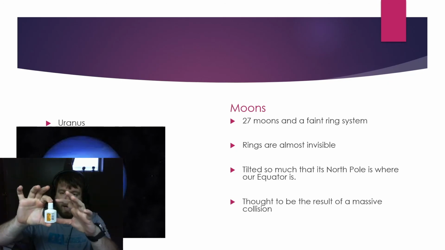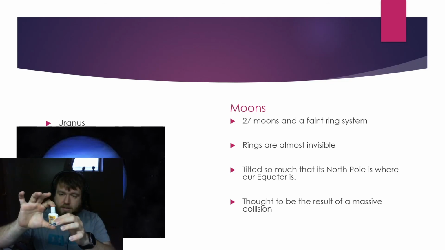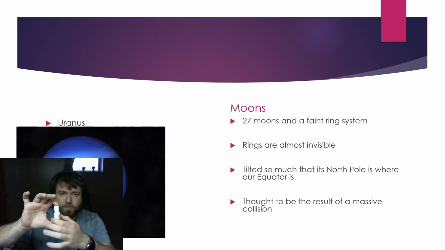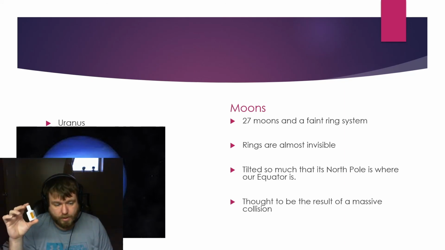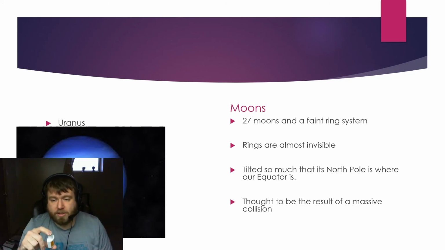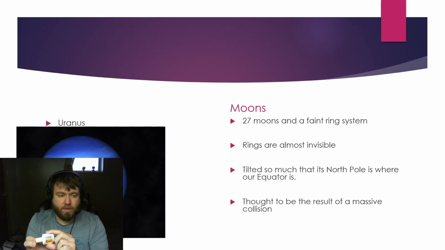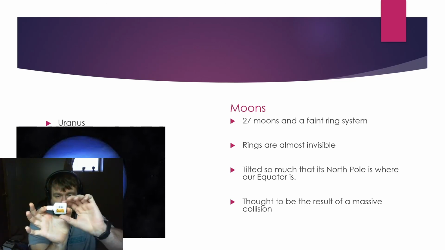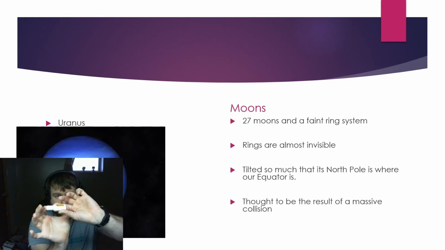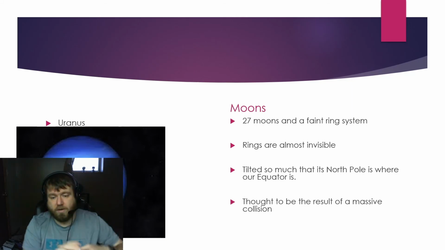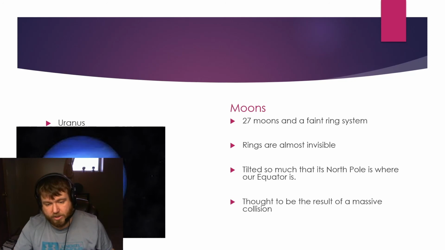We'll say that the cap on this whiteout is the North Pole, and our Earth is going to rotate just like this. Well, Uranus is tilted so much that its North Pole is where our equator is. So, if we were on Uranus, our planet would be like this and rotate this way. This is thought to be the result of a massive collision.